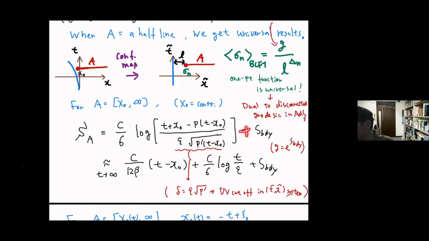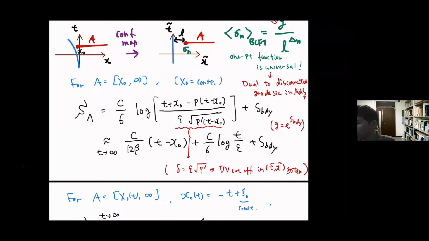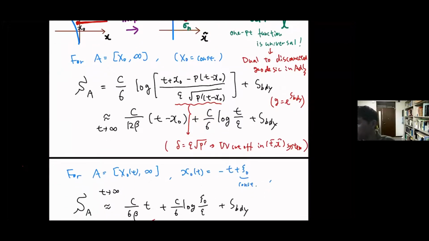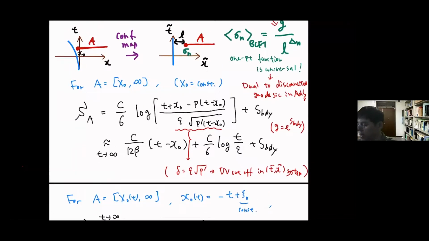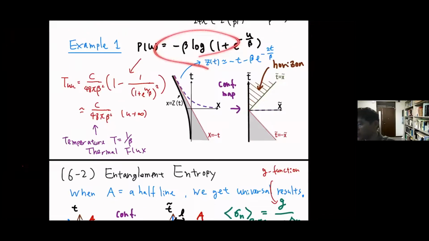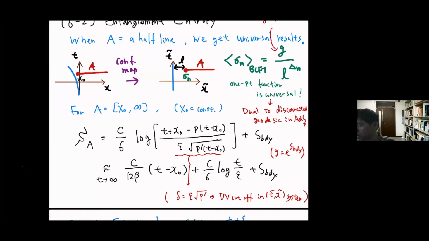Also, we always have this decomposition, so this function is interpreted as a boundary entropy. Always we have some boundary entropy contribution. Now we plug in this function P, and then we have a linear contribution. We can just put it in log and exponential, so it's like linear.